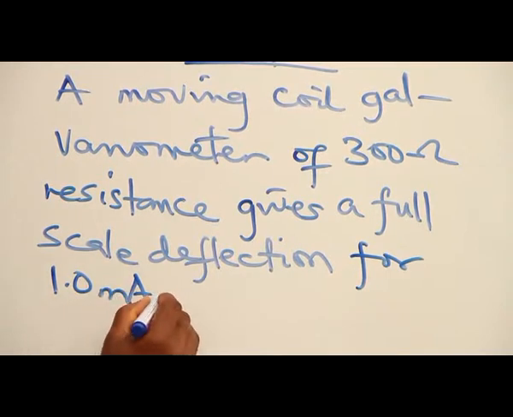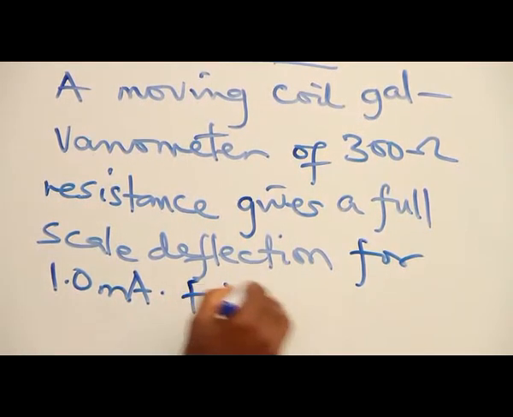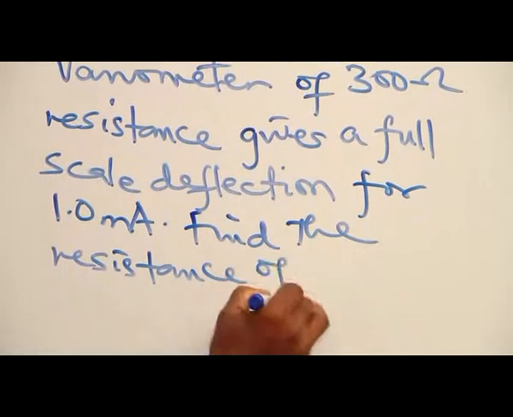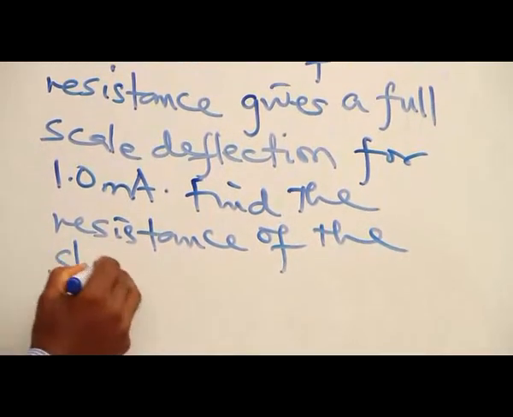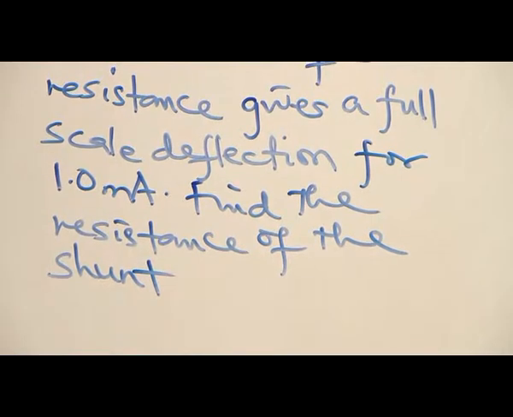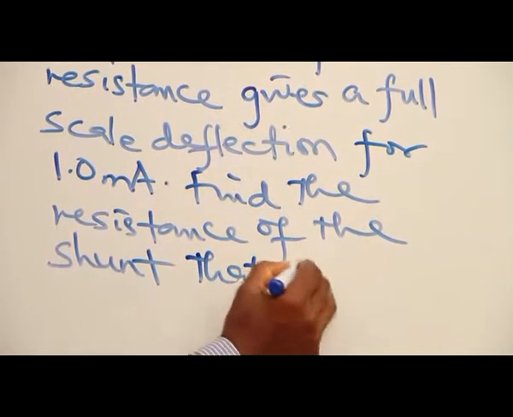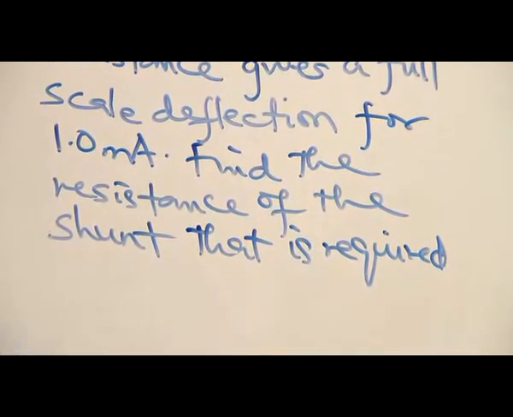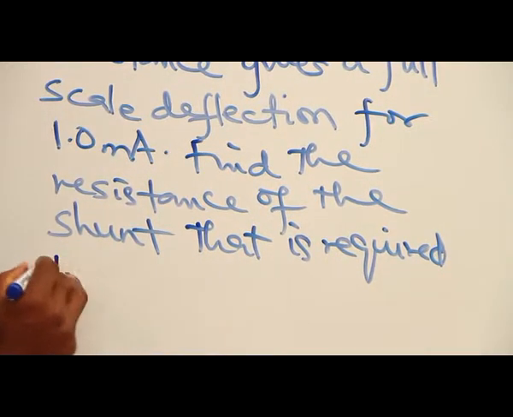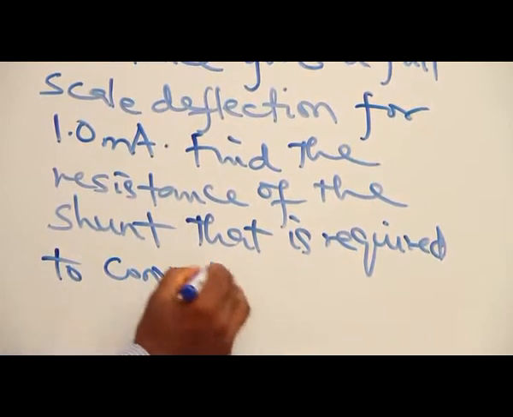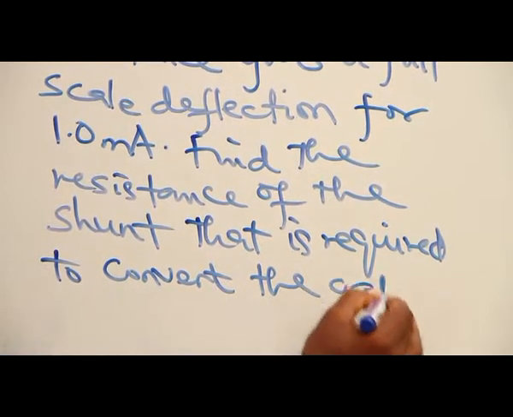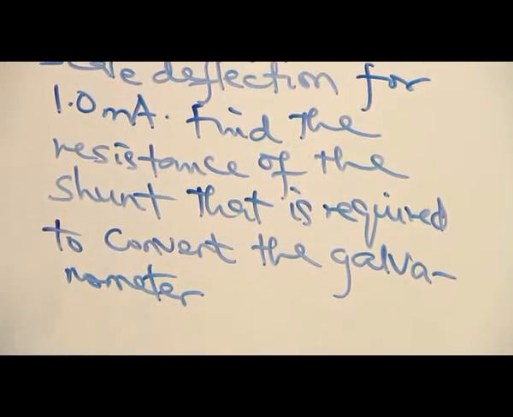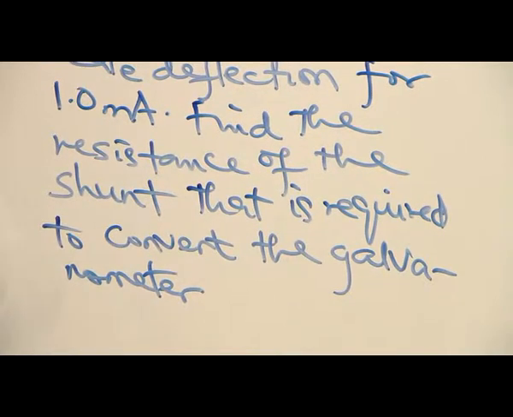Find the resistance of the shunt that is required to convert the galvanometer into a 3 ampere ammeter.